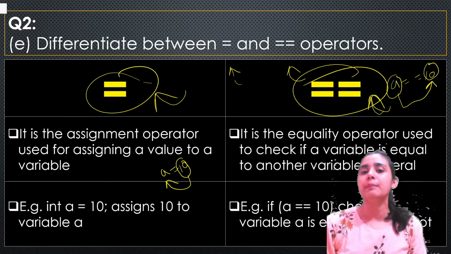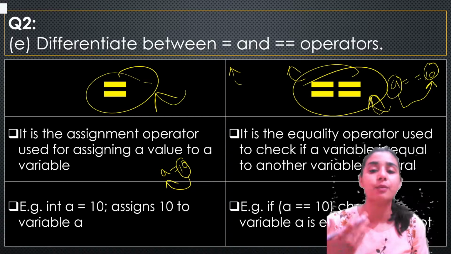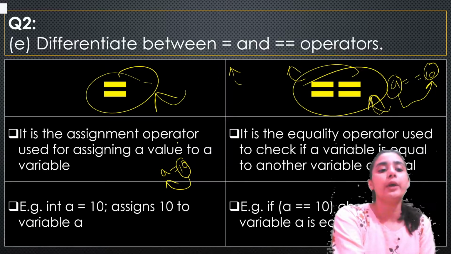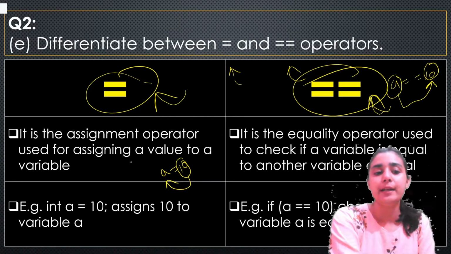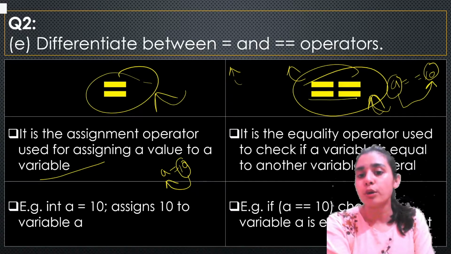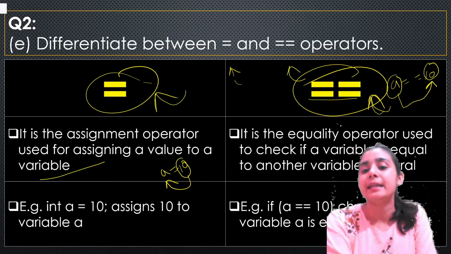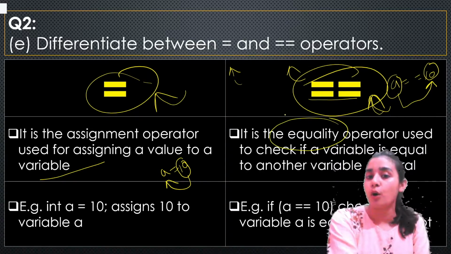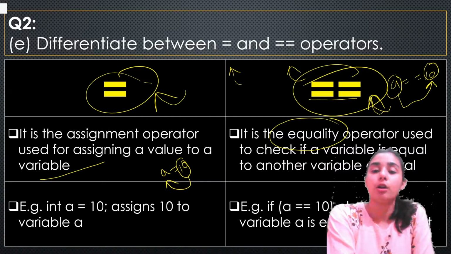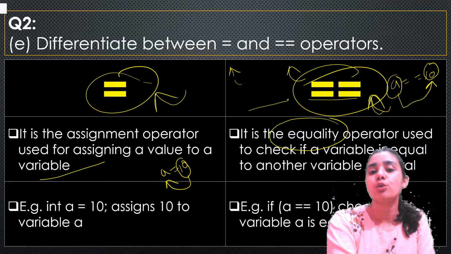This is just for the comparison of equality. The assignment operator is used for assigning a value to a variable. Then the equality operator is used to check whether a variable is equal to another variable or literal or not.